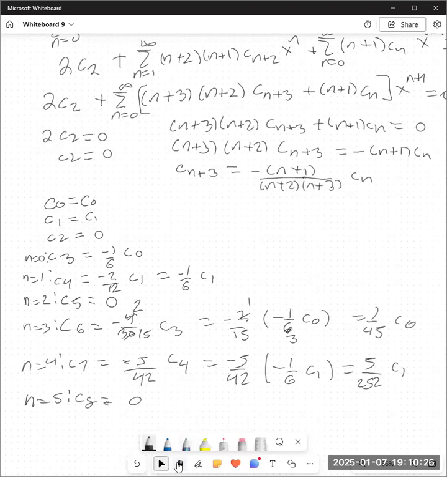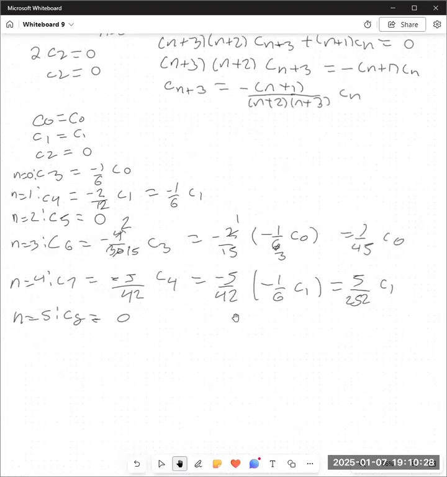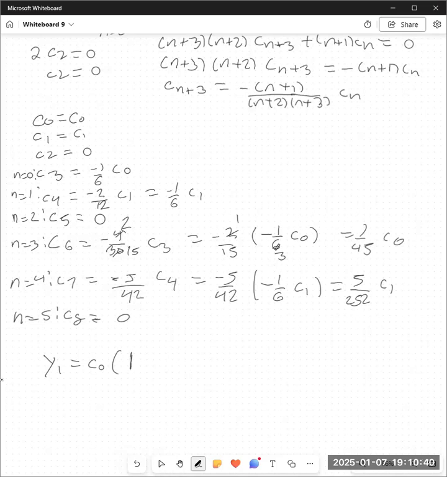That's enough for me to start to write my equations here. So y1 equals C0 times 1 minus 1/6 x cubed plus 1 over 45 x to the 6th. The next one will be negative because it's changing signs: positive, negative, positive, negative.